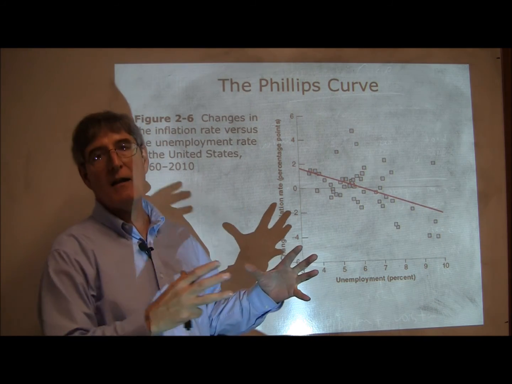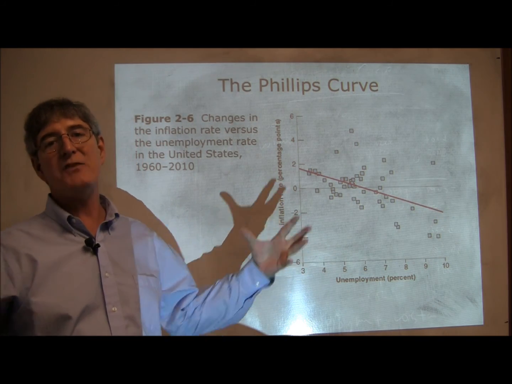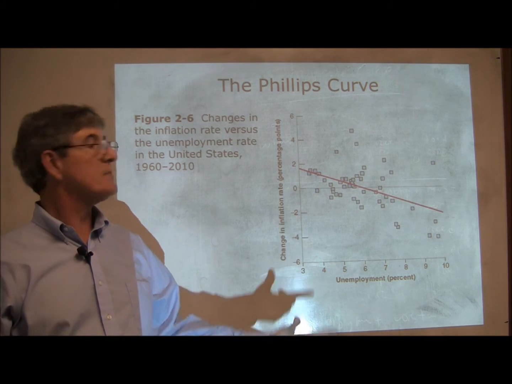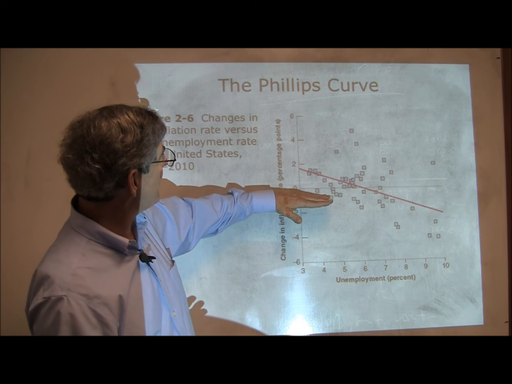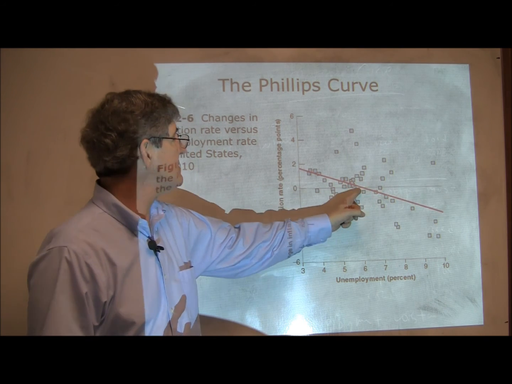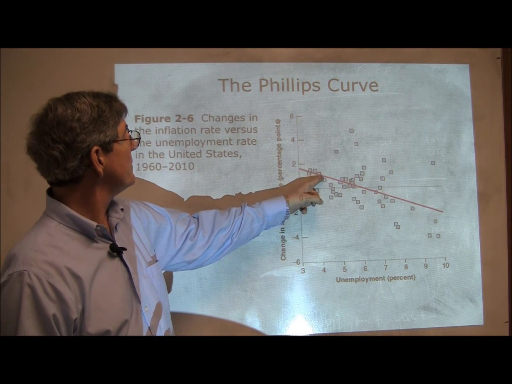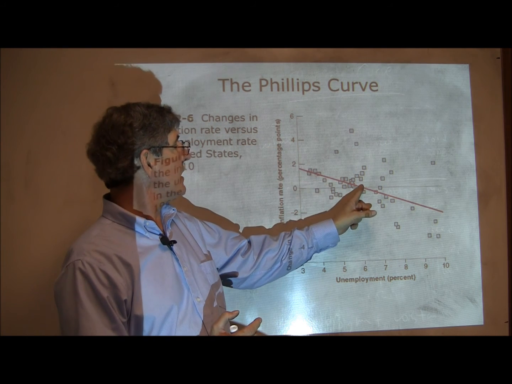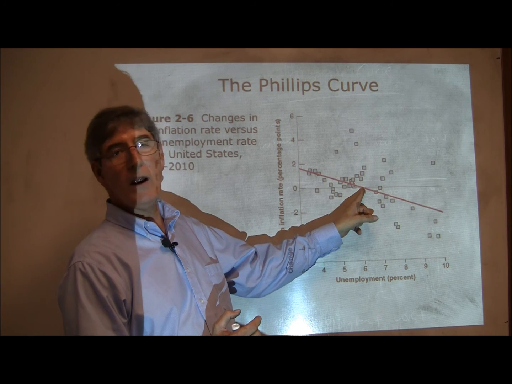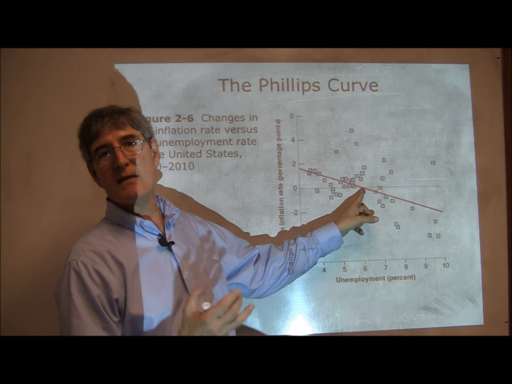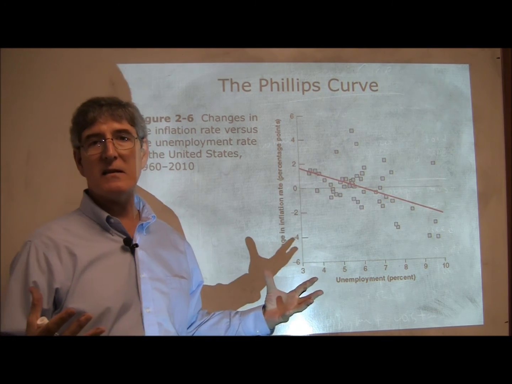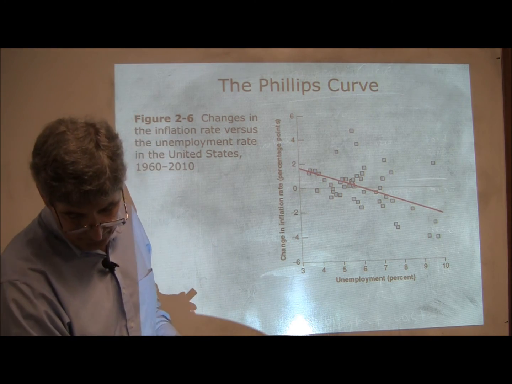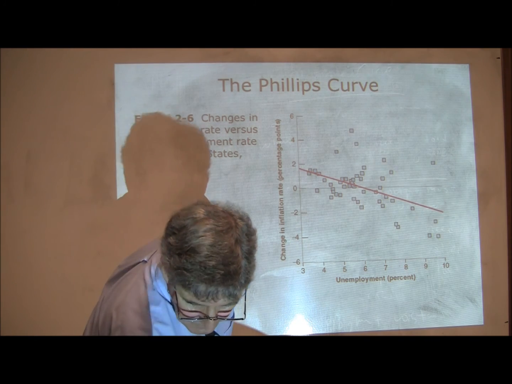So as unemployment goes up, that's an indication that output's growing slower, that the economy is in a recession. That's going to cause prices to fall or lower inflation. And as the economy is booming in this direction, then you're going to get inflation. And somewhere in here is the sweet spot, the unemployment rate that you want to target, where prices are going to be exactly stable. So there's the Phillips curve.